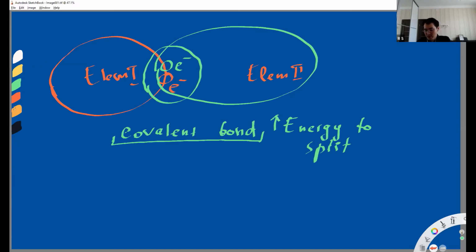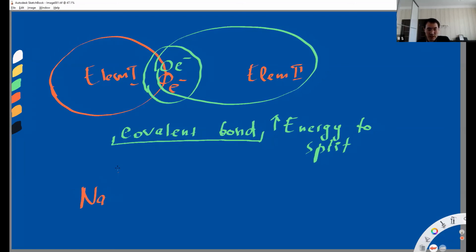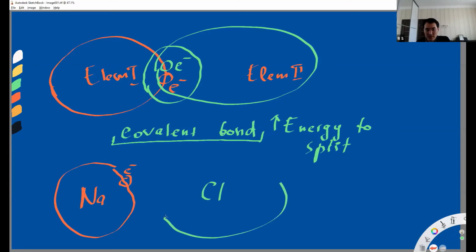So the next type is the ionic bond. For example, we have sodium, and on its outer shell, we have 1 electron. And this is going to pair with the chlorine, which has 7 electrons on the outer shell, and it pulls this electron.